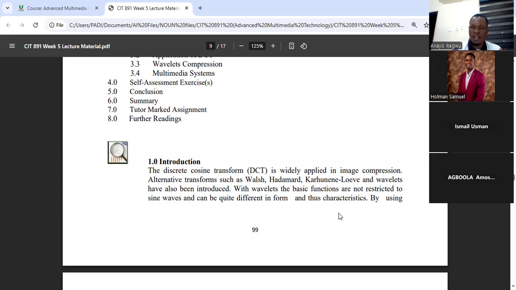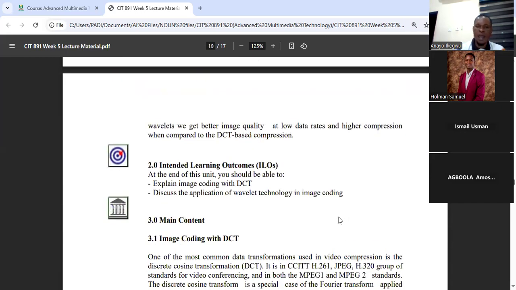So we'll look into it and at the same time look at their characteristics. By using those wavelets, you should be able to compare the high compression with DCT based compression. We look at the low rates and high compression.